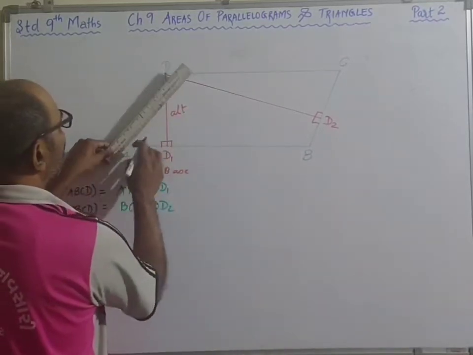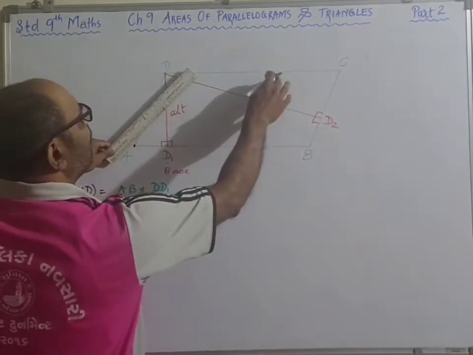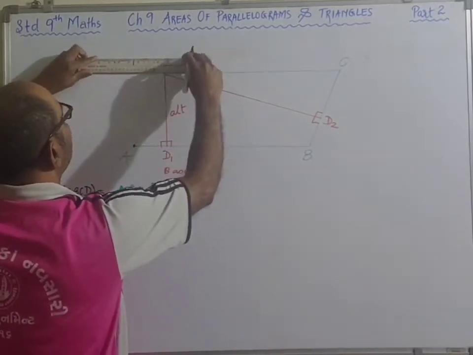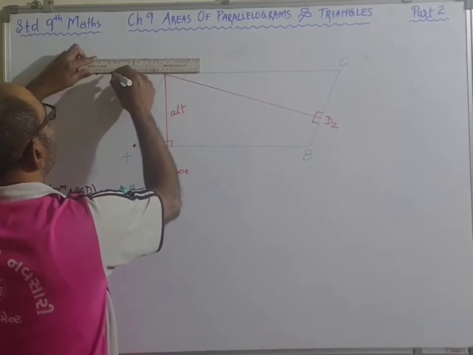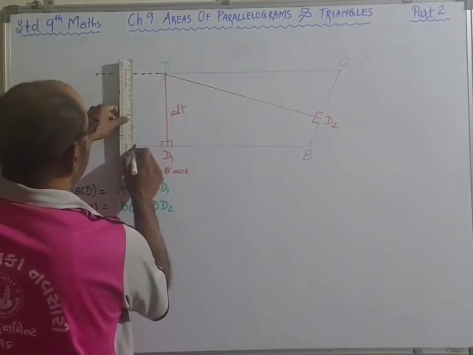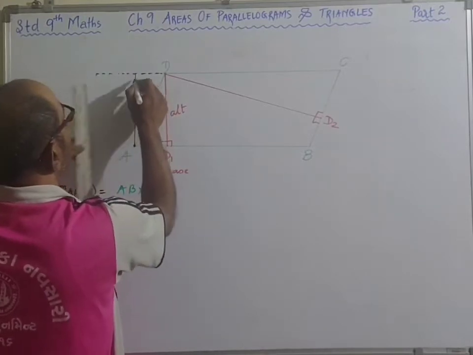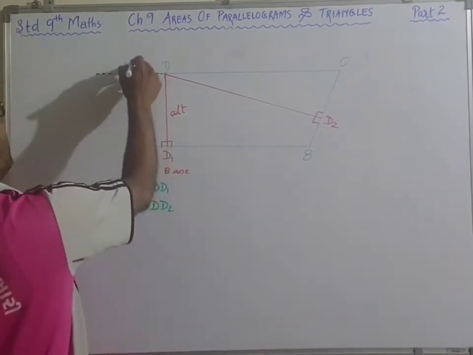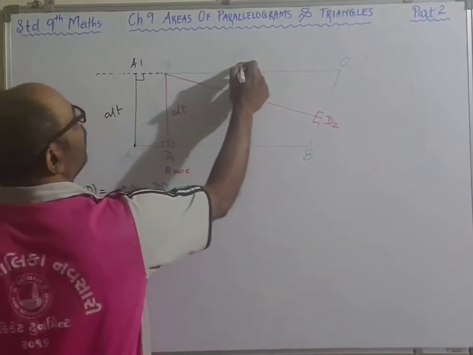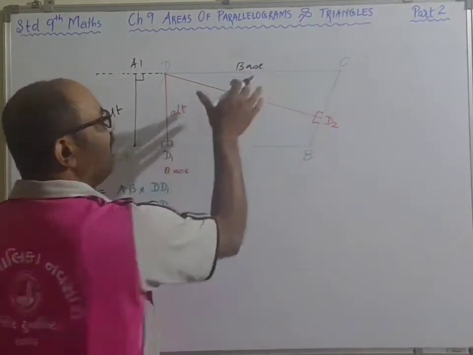Well, I cannot draw perpendicular on line segment CD, but I can draw perpendicular on line CD. So I am extending this line CD, and then from here I can draw perpendicular. This is A1, that is altitude corresponding to base CD.